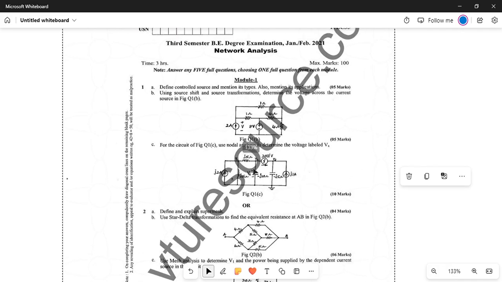For the circuit figure Q1C, use nodal analysis to determine node voltage label Vx. So this question also we will do without fail. Here it is like you have 3 nodes, I guess. So this is more than 2 nodes question, so we'll do this.